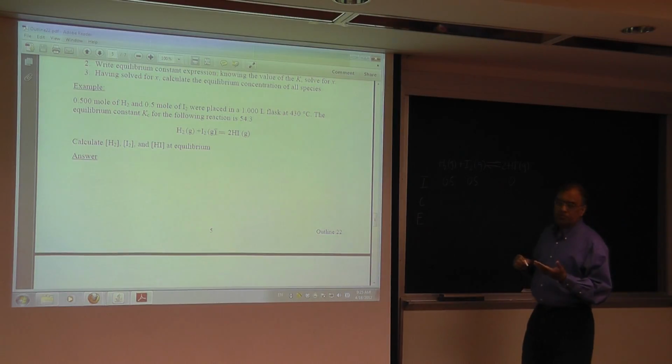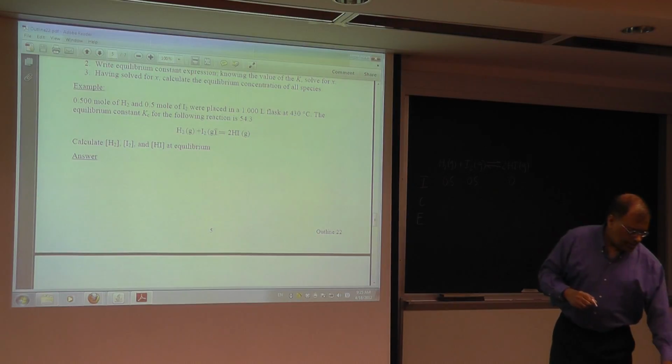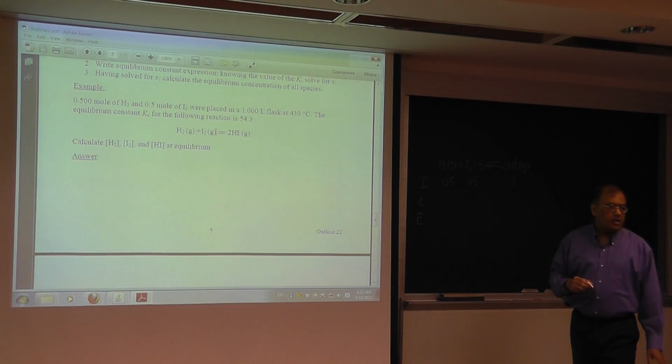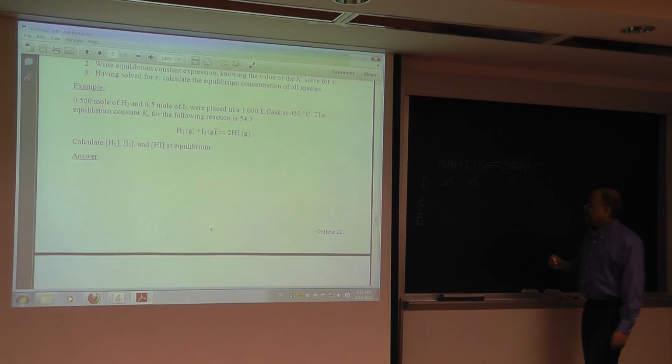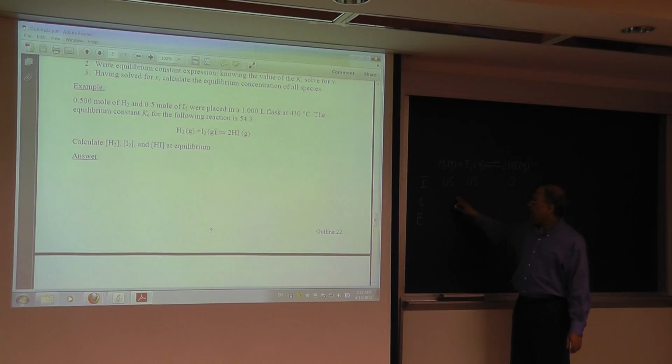Now we assume that X amount of H2 reacted, and we don't know what X is, but if we know what X is, then we know the answer to this question. If X amount reacted, then the change here is minus X. So initial, change, equilibrium.